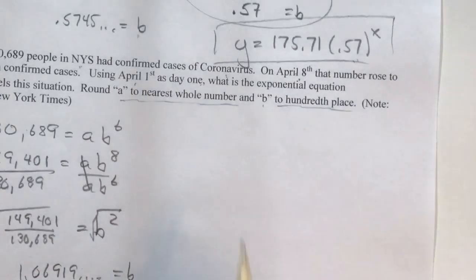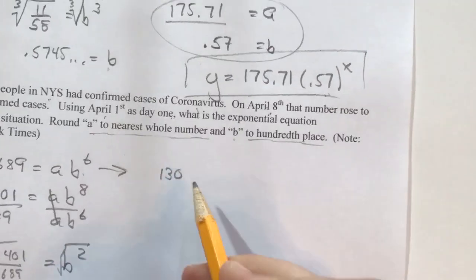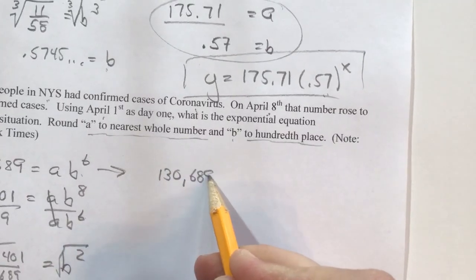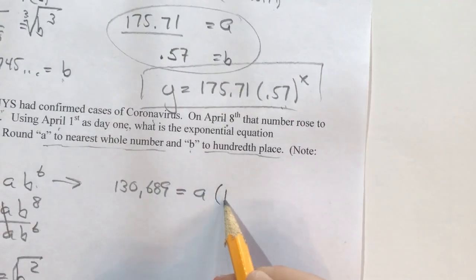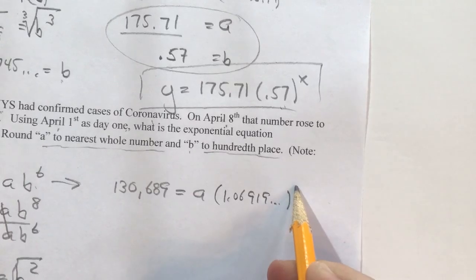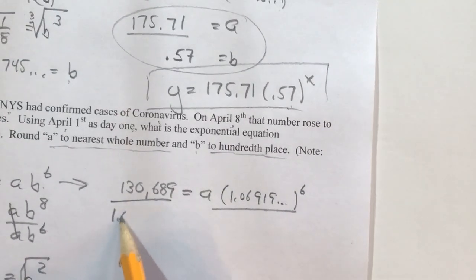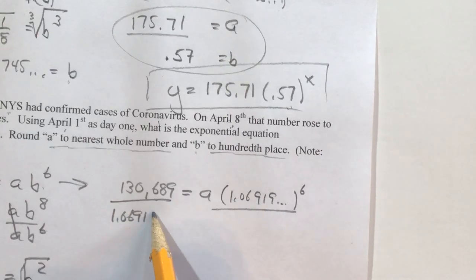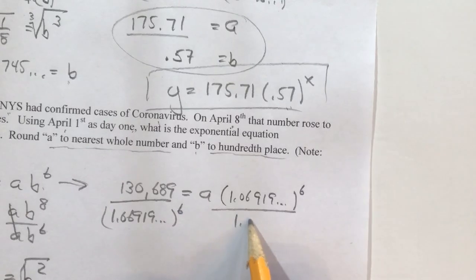Okay. If I want to get A, I use the first one. So I had 130,689, trying to find A. I got B, 1.06919, the whole thing, raised to the 6th power. And I'm going to divide by that. So 130,689 divided by the answer raised to the 6th power.